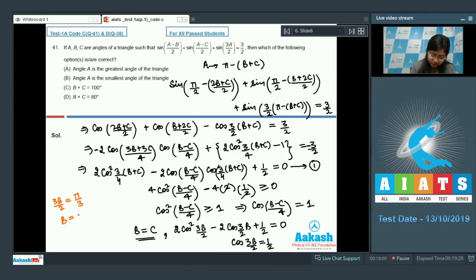So B is equal to 2 into 180 degrees upon 9, that is equal to 40 degrees. So B is equal to C is equal to 40 degrees. So A is definitely equal to 100 degrees. So from the given options we can say A is the correct option and B plus C is equal to 80, that is D is the correct option. So the answer is A and D.